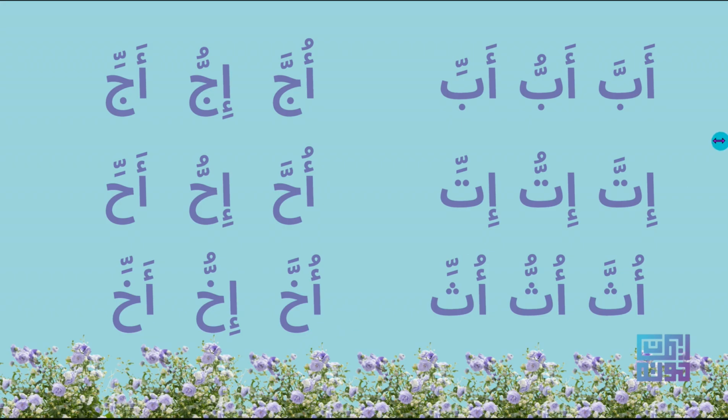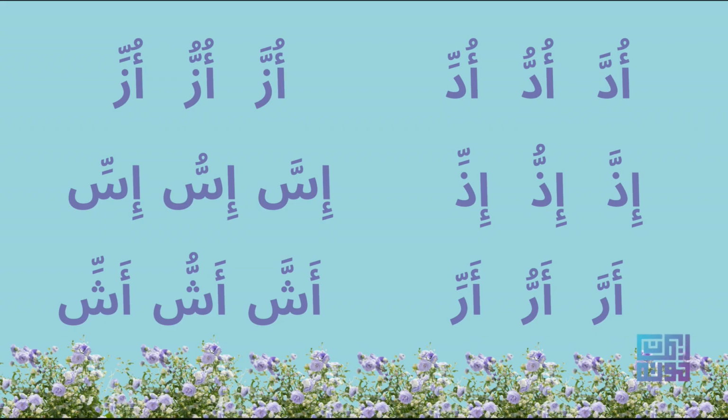Okay? Let's move to other letters. And this is how we do it. We see, is this letter hard, or is it soft, or is it in between? The dal is one of the hard letters. It has qalqala, but we are not going to apply the qalqala. So we are going to do it like this.